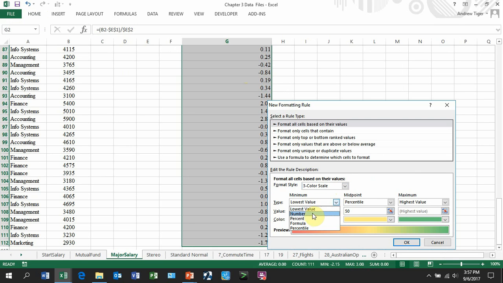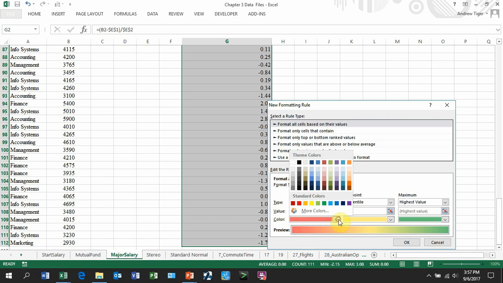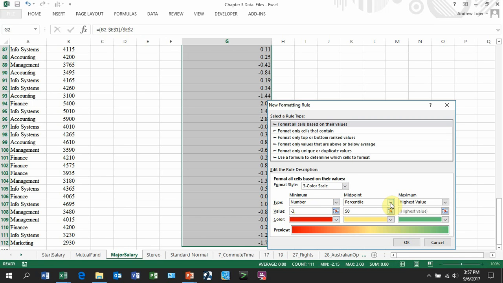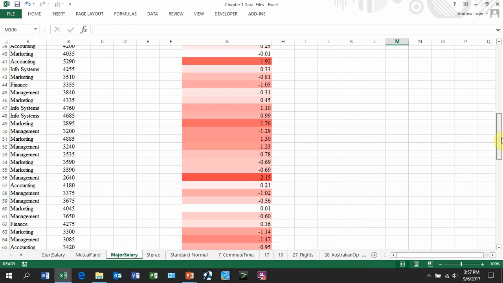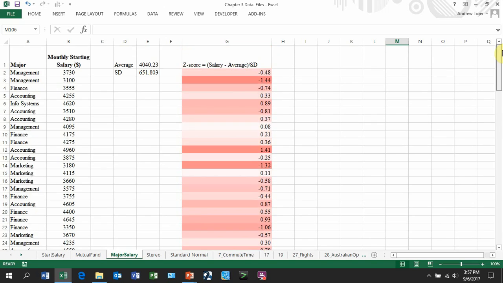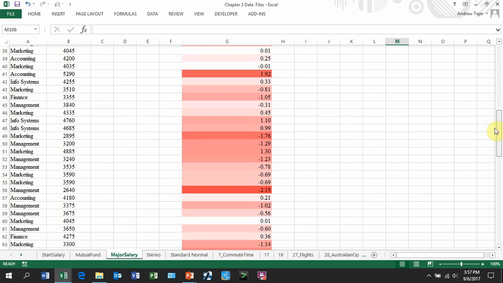If I get something close to -3, I want the color to be dark red, and in the middle, I want it to be white. And if it gets bigger than 3, these are all z-scores, I want that to turn red. So I'm getting varying degrees of red now. All I'm looking for is any really, really red looking stuff.